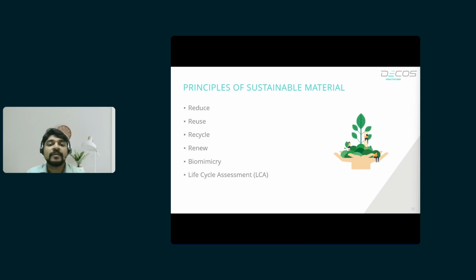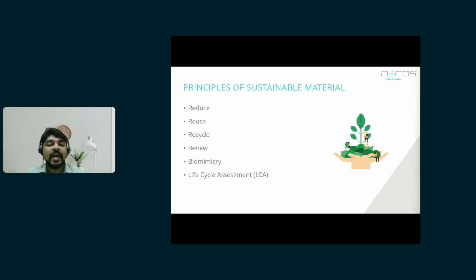Recycle: develop materials that can be efficiently recycled at the end of their lifespan. This closes the loop of the material's life cycle. Renew prioritizes renewable resources for material production wherever possible.